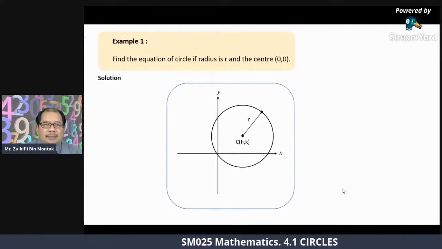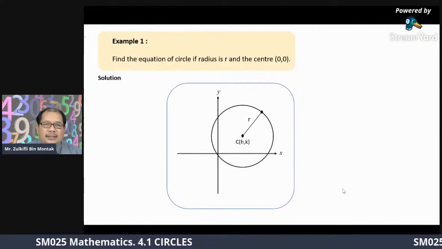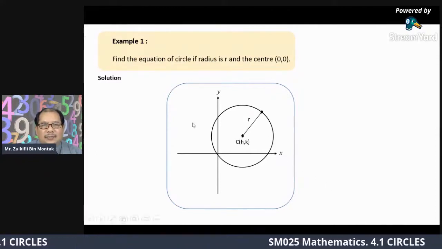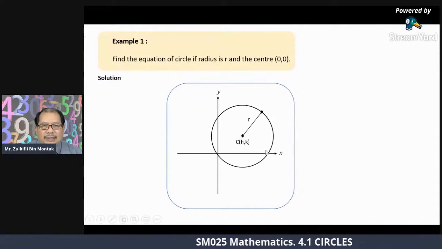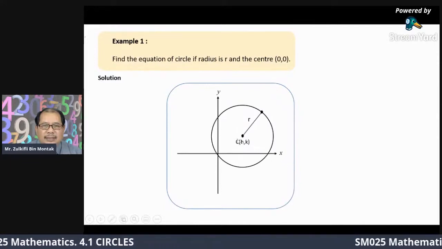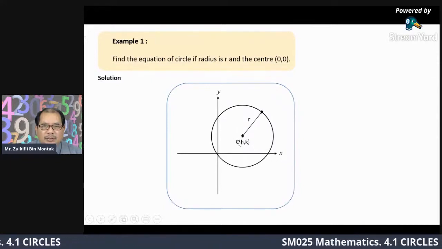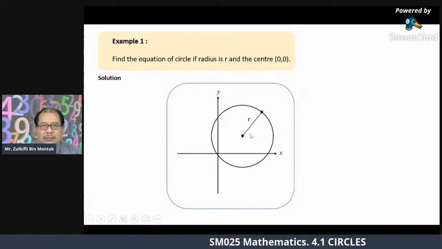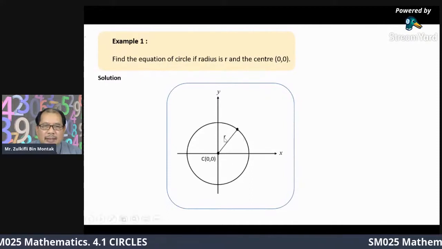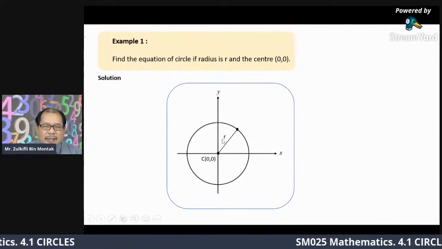Look at this example. Example 1, find the equation of the circle if the radius is r and the center is (0, 0). This is the first equation with the center (h, k) with the radius r. When we move the center to the origin (0, 0), the r remains the radius.